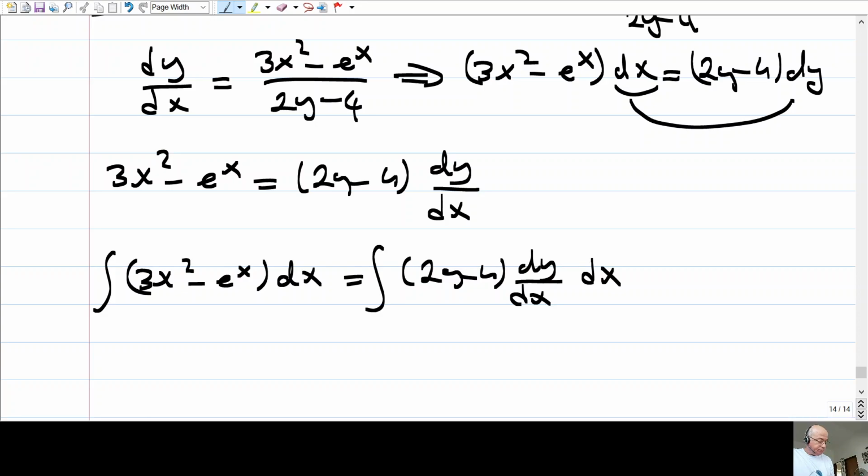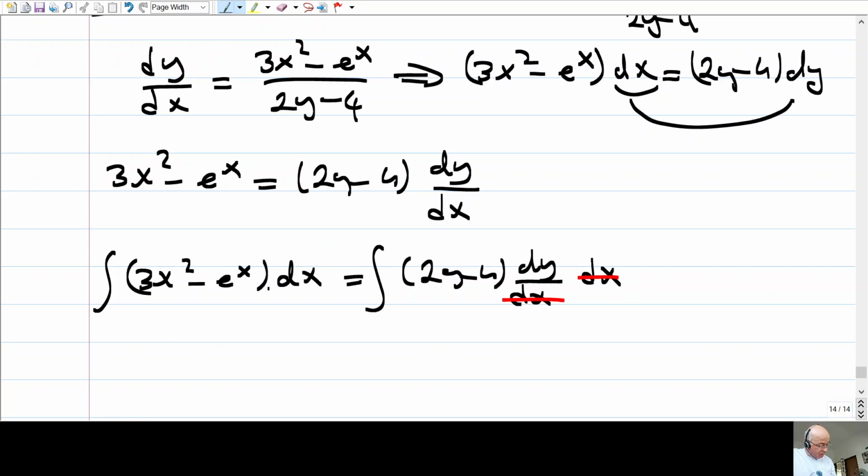You just take the antiderivative of this, it means that you are just integrating this expression with respect to y. And in practice, that amounts to the following, as if we are just canceling this, and then we have dy here, and you integrate with respect to dy. This is exactly what's happening.